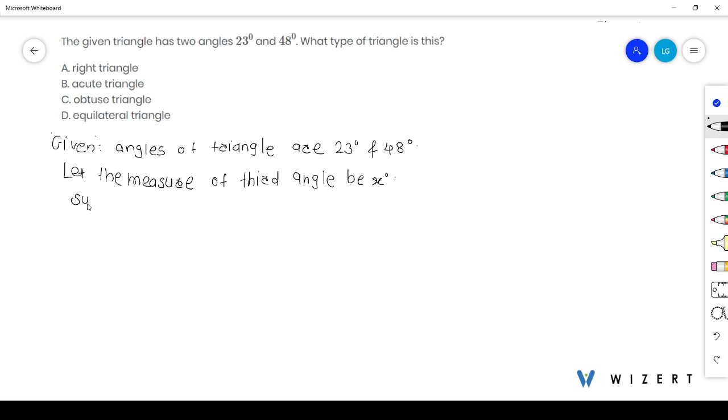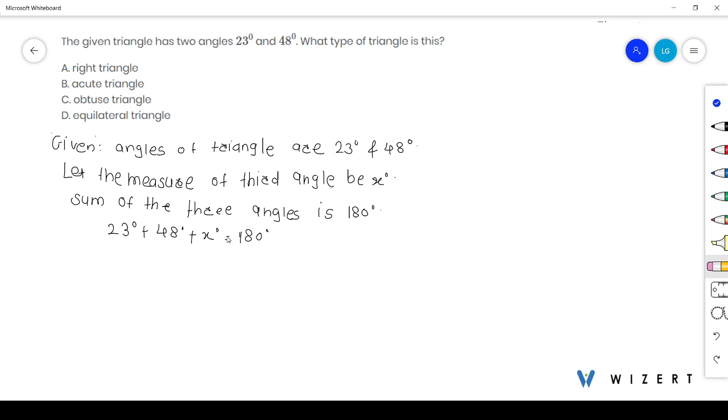As we know that sum of the three angles is 180 degree. So sum of 23 degree plus 48 degree plus x degree is 180 degree.